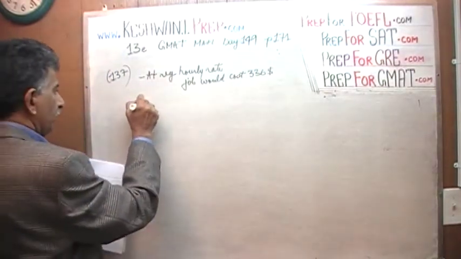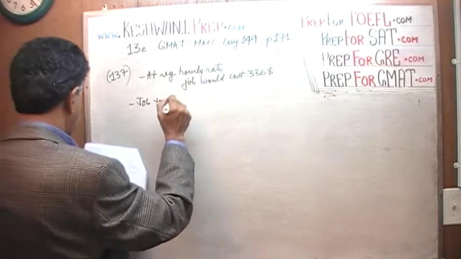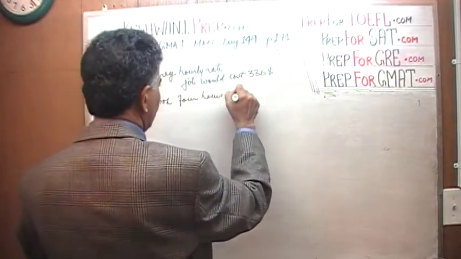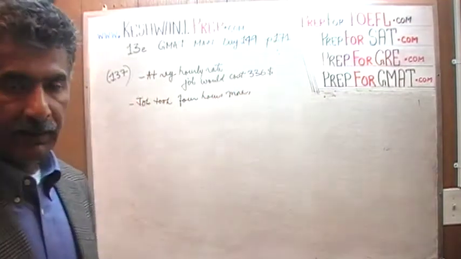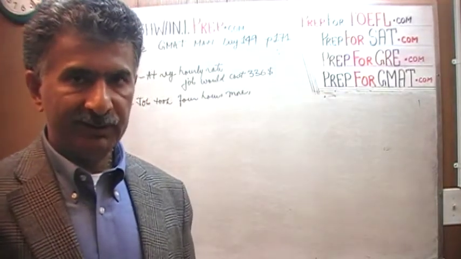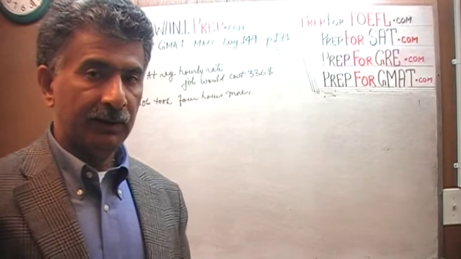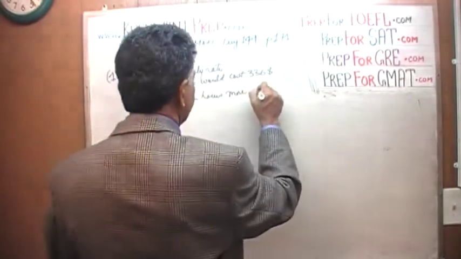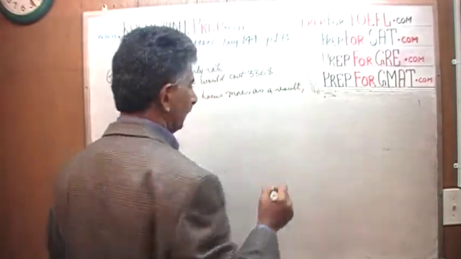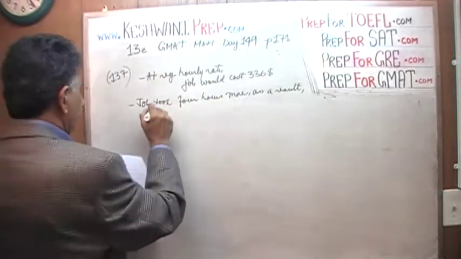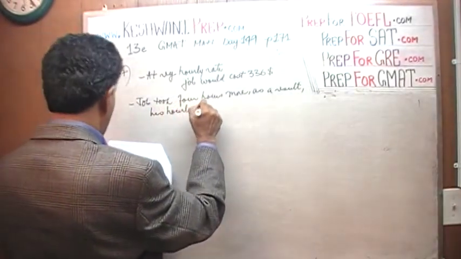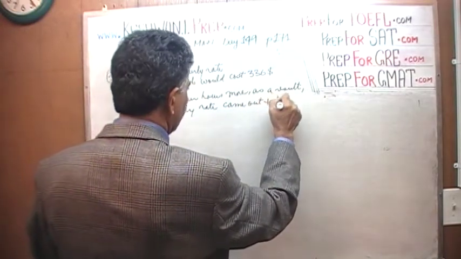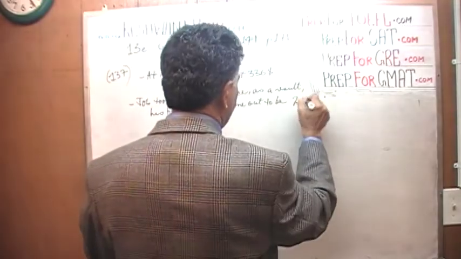It turns out that the job actually took 4 hours more. So whatever number of hours that the worker you hired estimated the job will take, he ended up taking 4 more hours than he had anticipated. As a result, his hourly rate came out to be $2 less.